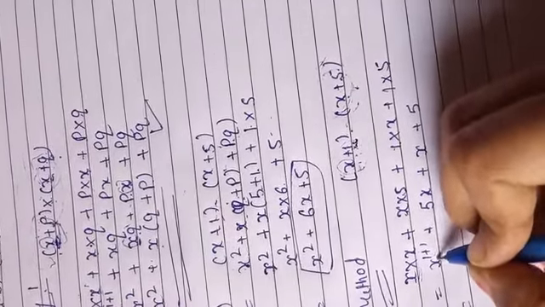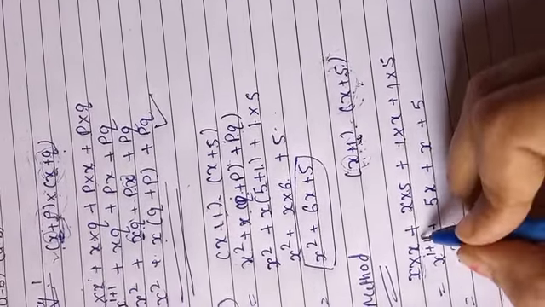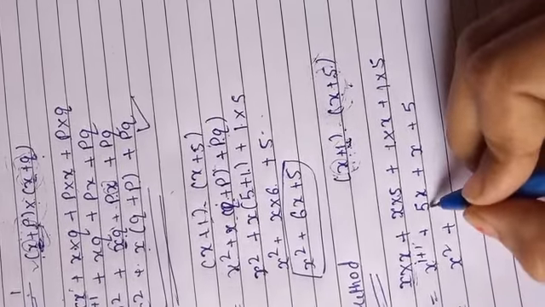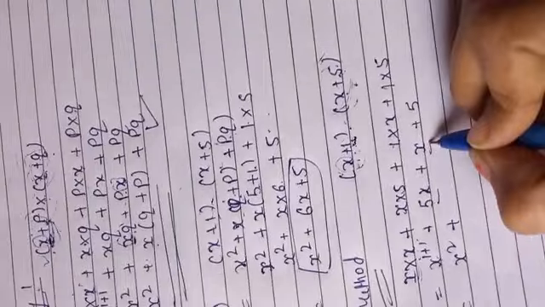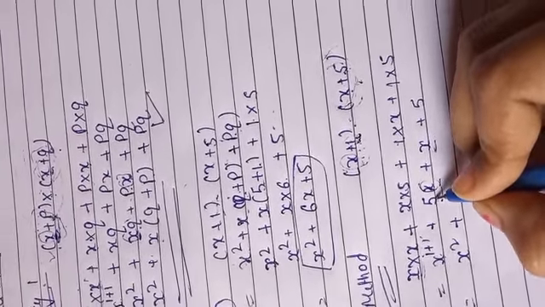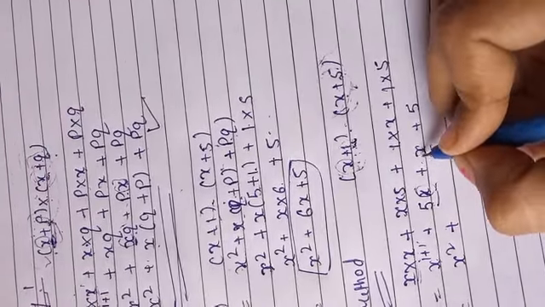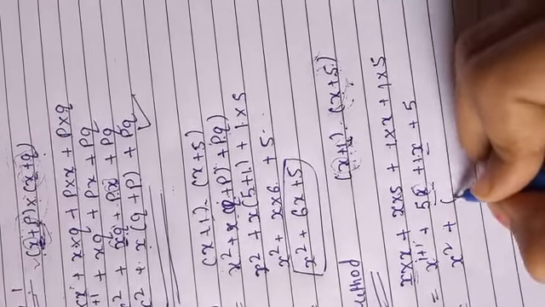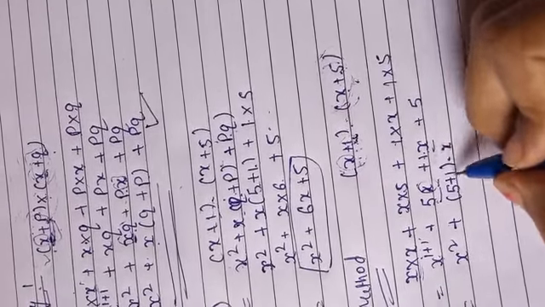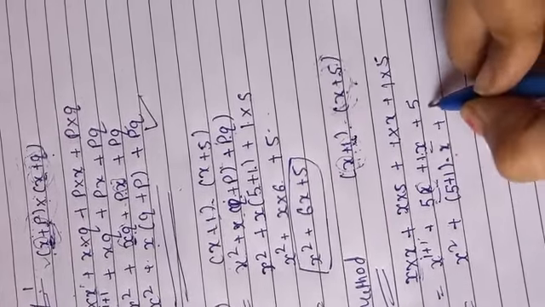So here it becomes x raised to power 2, because 1 plus 1 is 2, plus 5x plus x, means the coefficient of x is 5 and the coefficient of x is 1. So we will add 5 plus 1 x plus 5.